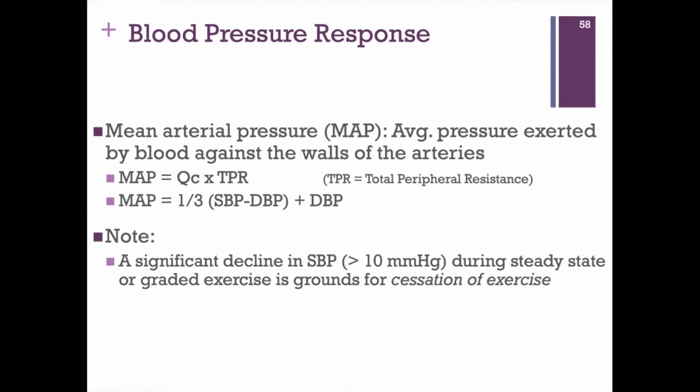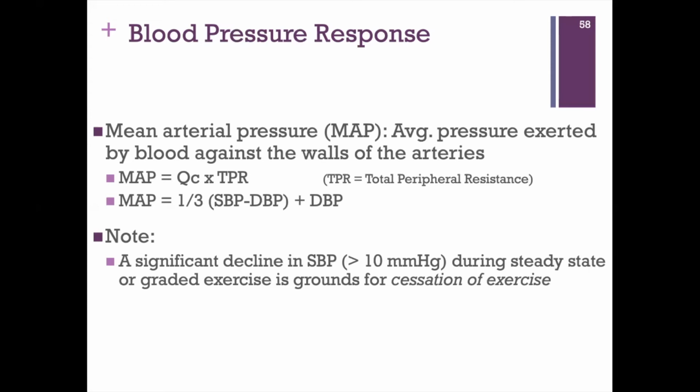Well, we know that as we start exercising, we will get an increase in our systolic blood pressure. We get that vasoconstriction that's happening because of the increase in the sympathetic activity that's occurring when we begin exercise. Our diastolic blood pressure can actually stay the same or start to drop a little bit because of the massive vasodilation that we have at the level of the working muscle.